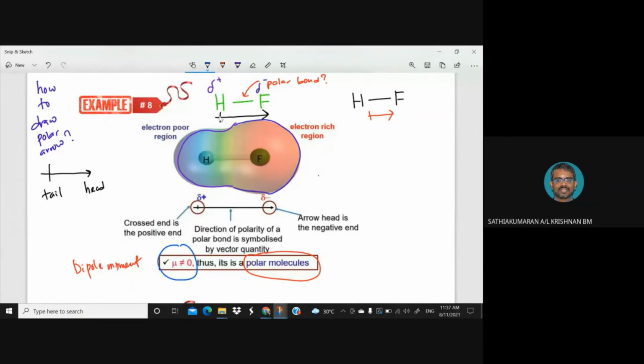So this molecule is a polar molecule. Let us see another example: a non-polar molecule.